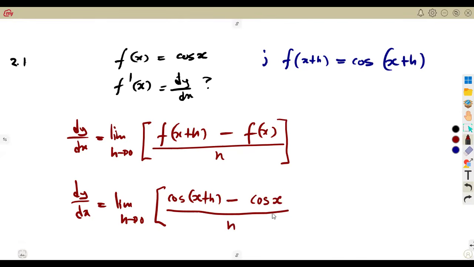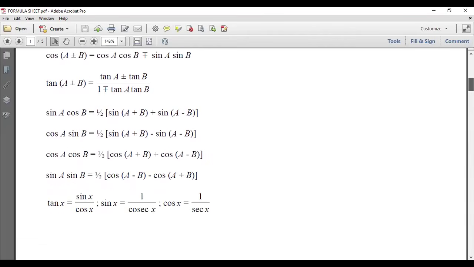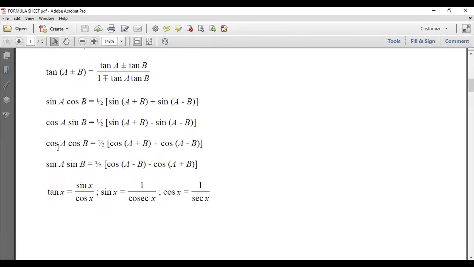Everything over h. Looking into our trigonometry, you are going to notice that we do not have any identity for subtracting these two. Can we subtract cos A minus cos B? What is the identity for this? We do not have one. Looking into our identities, if it is cos and cos, we just have the product of cos times cos.